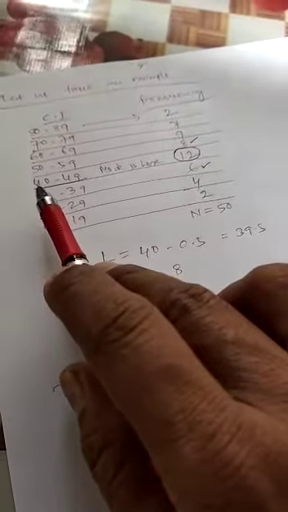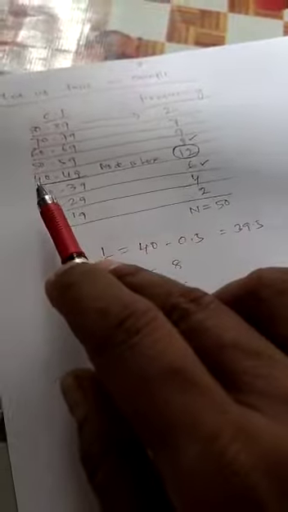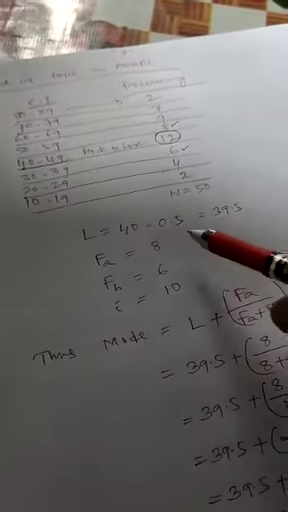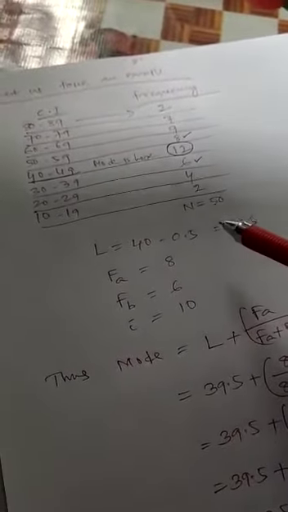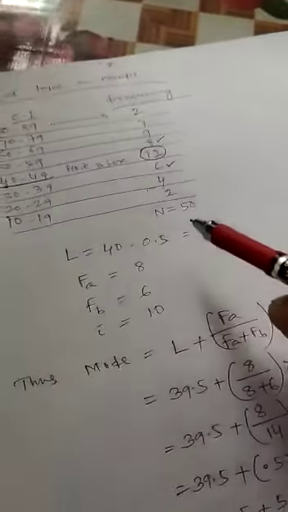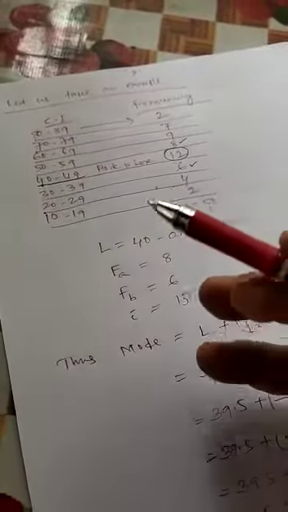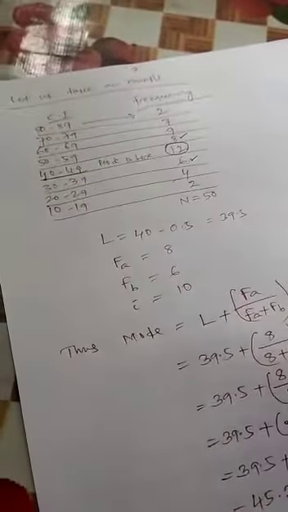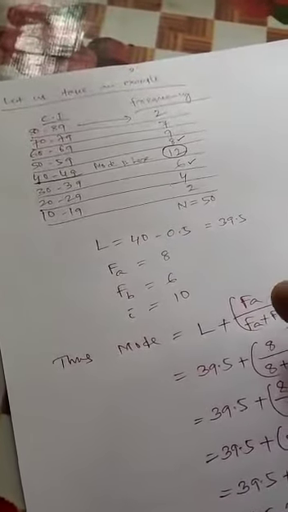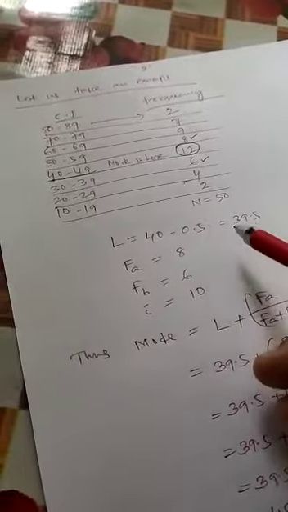And we have to find the lower limit of the class interval, that is 40 minus 0.5, because the limits are being fixed. For upper limit we go plus 0.5, for lower limit we go minus 0.5. So 39.5 is our L.